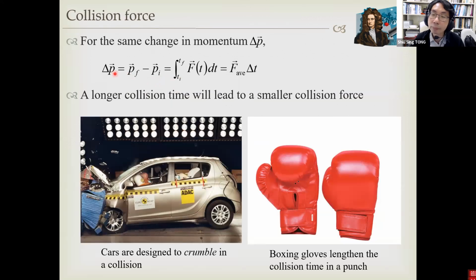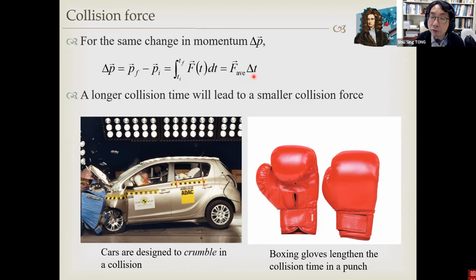Now I can write out this equation. The change in momentum Pf minus Pi is equal to the impulse, which is the integral of the true force, and I can also represent this impulse by the average force multiplied by delta T. A straightforward implication from this equation is the following.